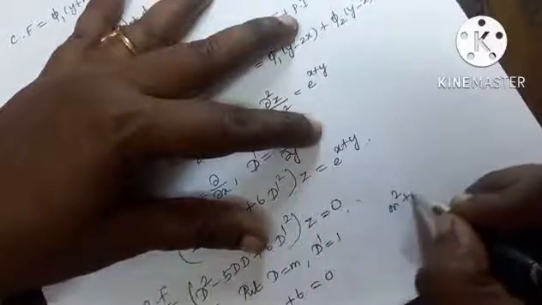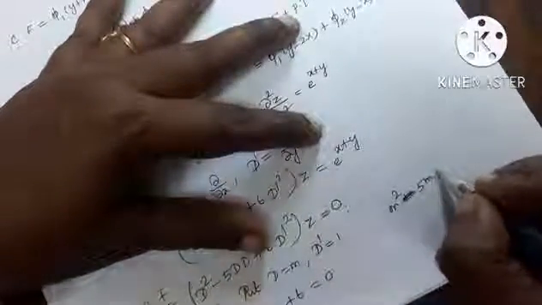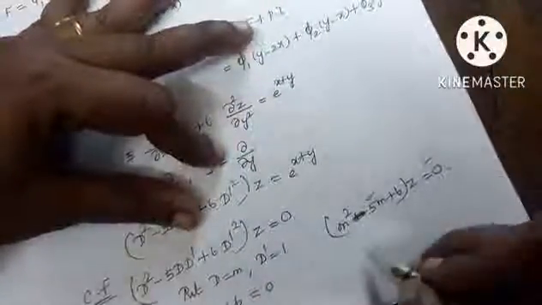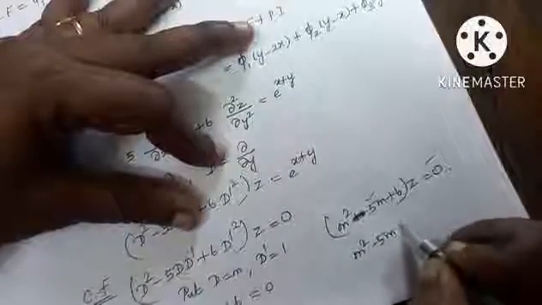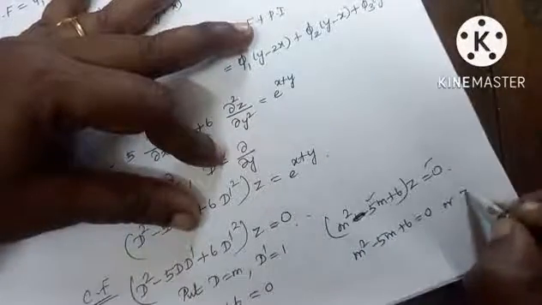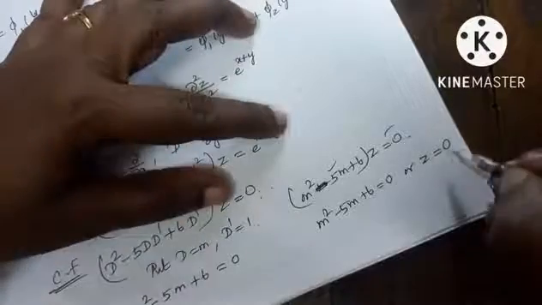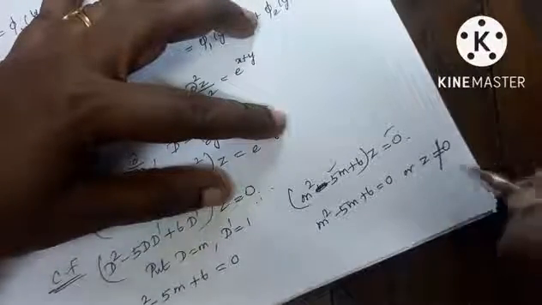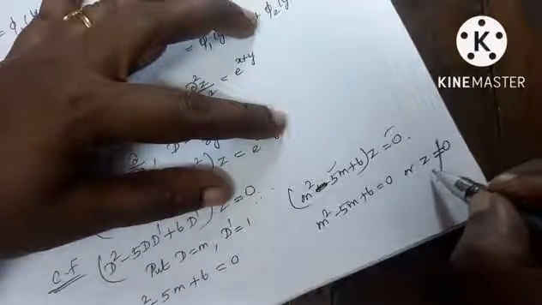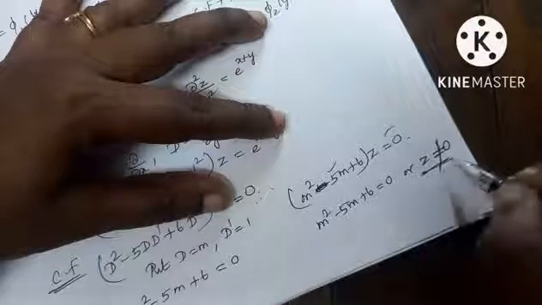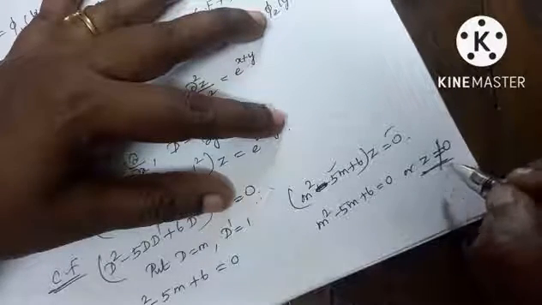Listen here, what I am saying is m square minus 5m plus 6 into Z equal to 0. Right? When A into B is 0, A is 0 or B is 0. Z cannot be 0 here, because we are going to find Z, where Z is the complementary function plus the particular integral.